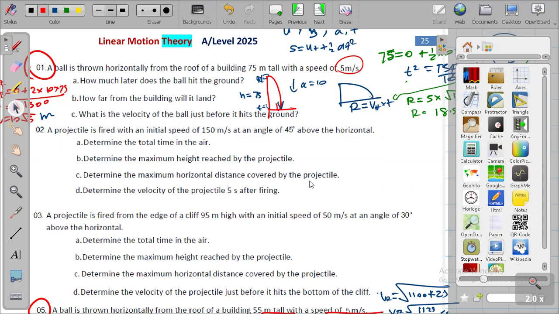A projectile is fired initially at 150 meters per second at an angle of 45 degrees above the horizontal. Determine the total time in the air.